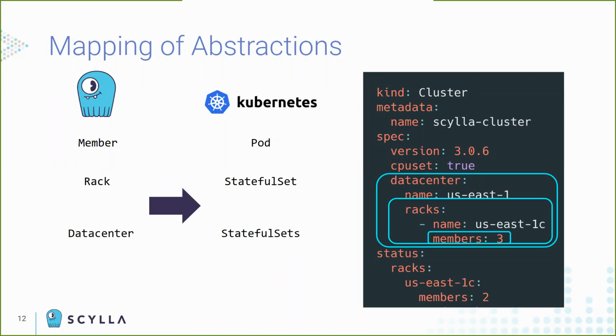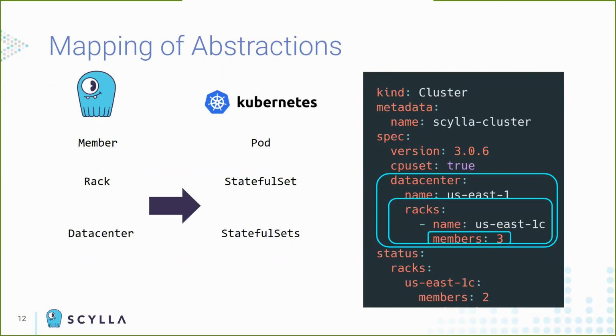So the next level, which we have, is the data center level. It's usually made for redundancy reasons or geolocation reasons, stuff like this. And it's simply a number of stateful sets, several stateful sets representing a data center.